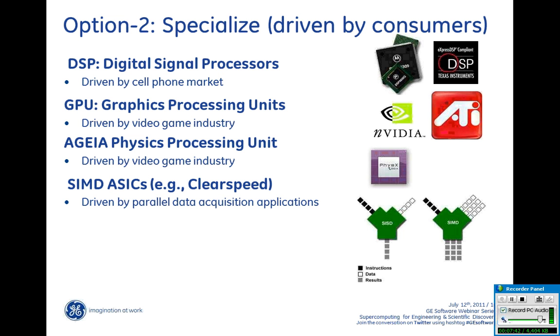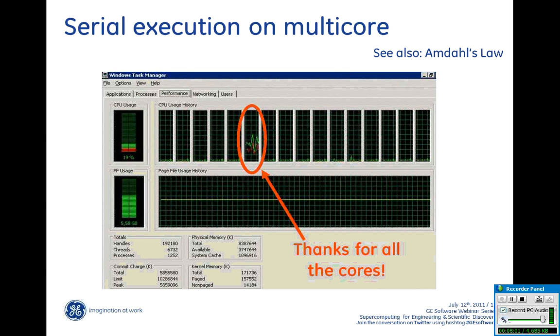The other option was to specialize, and these were driven by really consumer segments, whether it's the cell phone market or the video game industry. And then this required a different structuring of how you would do processing and computation, and rewriting software to accomplish that.